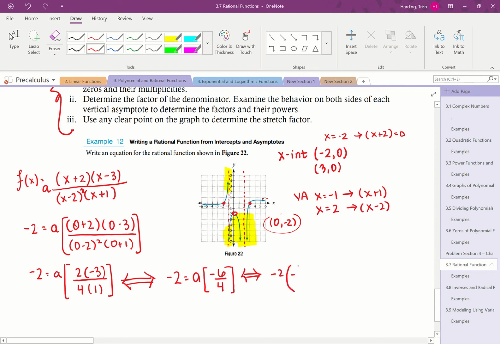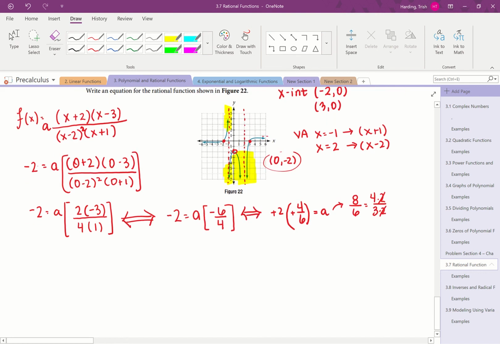So that's negative 4 over 6 equals a. Notice that these two negatives will cancel out and give me a positive. So I can go ahead and deal with that now. 2 times 4 is 8 over 6. And if we break all these down, 8 is 4 times 2, 6 is 3 times 2, and you can see that we can cancel these out. So our a is equal to 4/3.